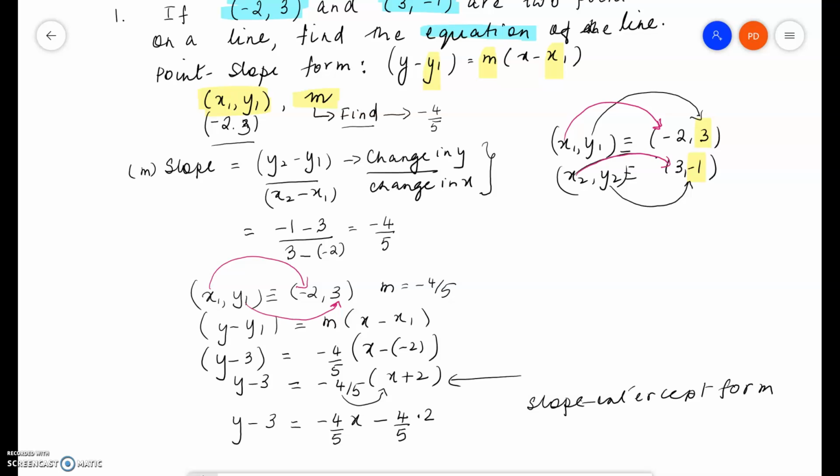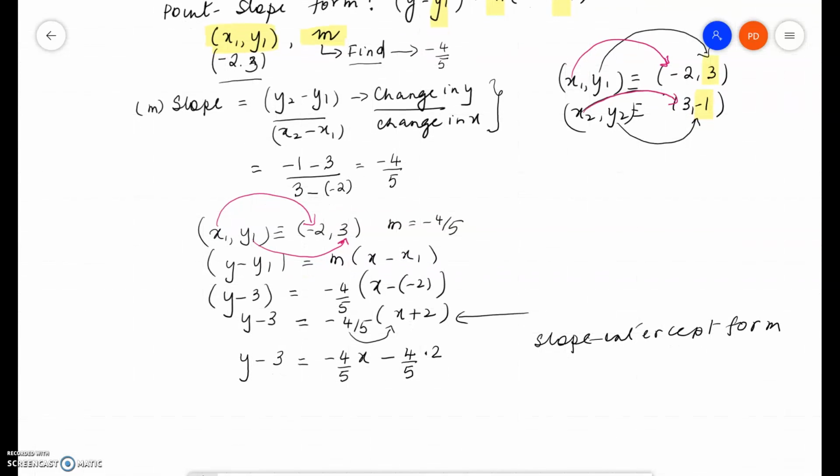So we add 3 on both sides to get y equals -4/5 x minus 8/5 plus 3. So y equals -4/5 x, and when we take the common denominator, we multiply and divide by 5.